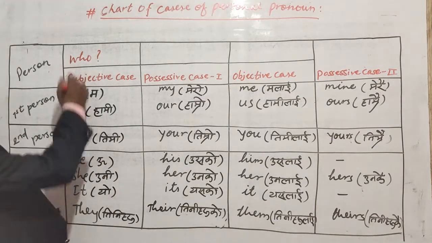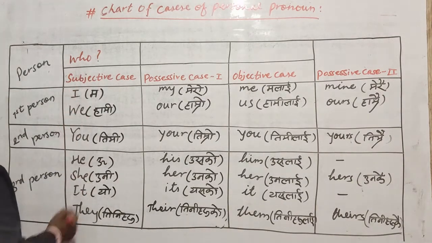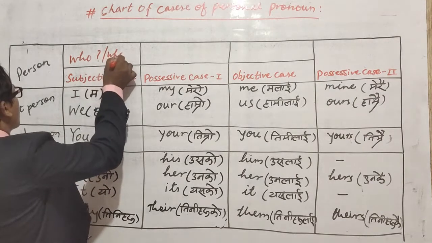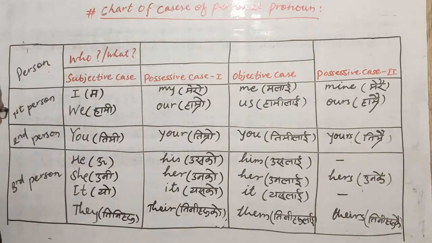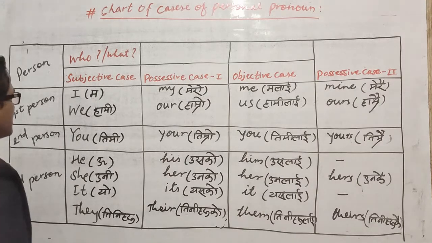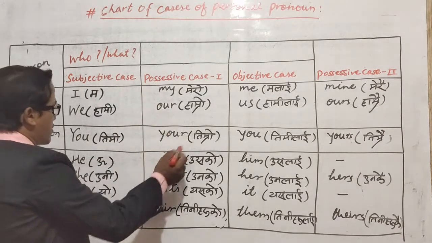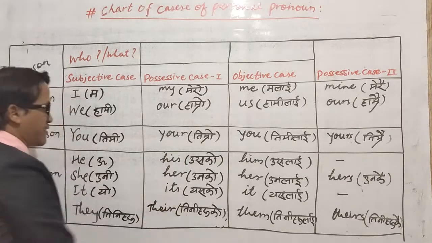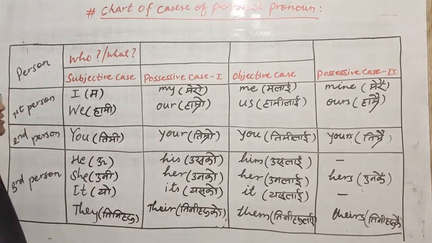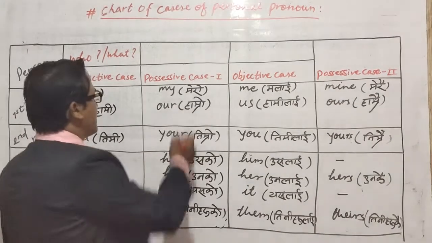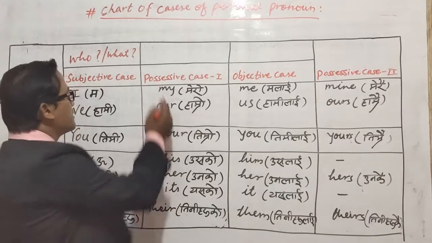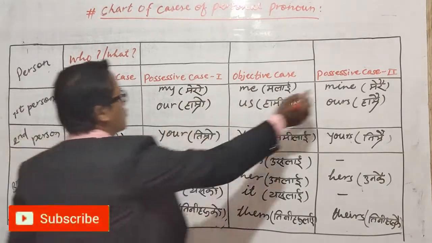When you ask the who question, the answer can be this type, or the what question. Similarly, possessive form: my, our, your, his, her, its, their. So they are functioning as possessive form, possessive case, in the sentence. They are possessive one, and here possessive two.